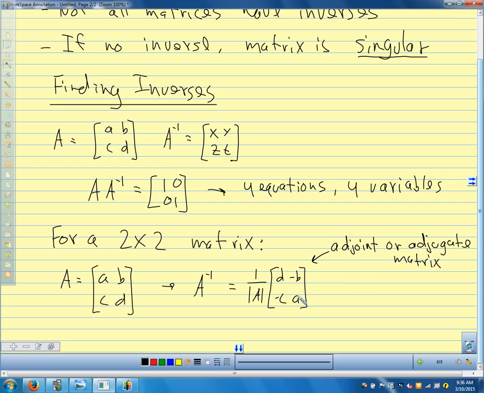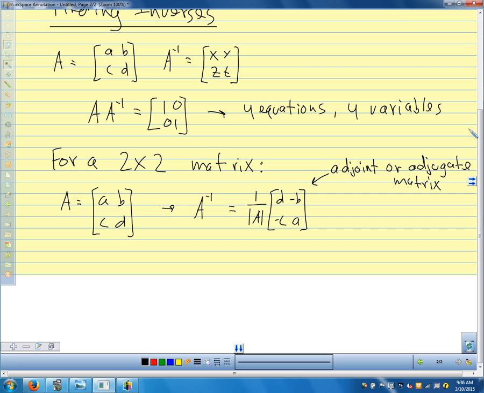The process with a 3 by 3 or 4 by 4 is a little more involved, but we call that the adjoint or the adjugate matrix, and that comes up in other applications. To answer Declan's question, how do we know if it doesn't work?